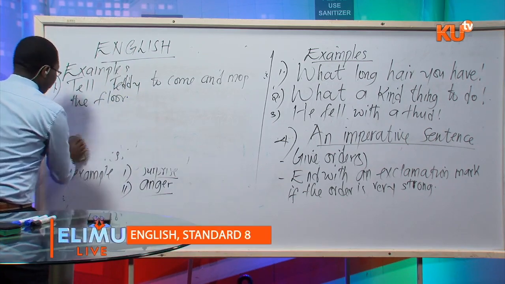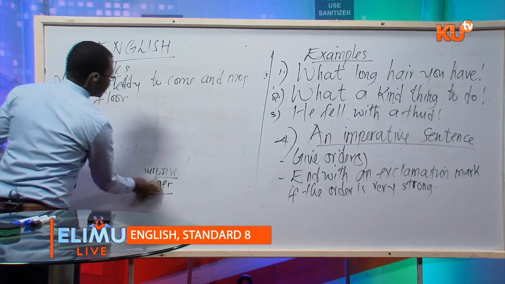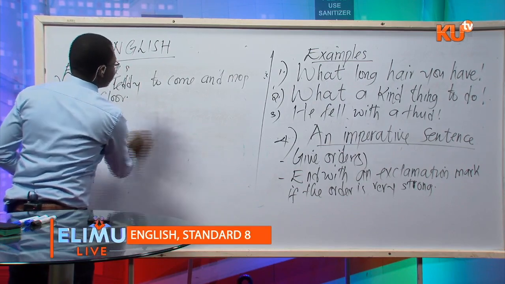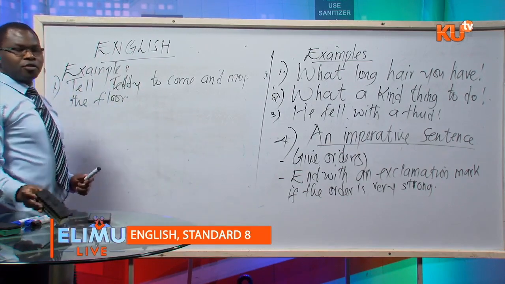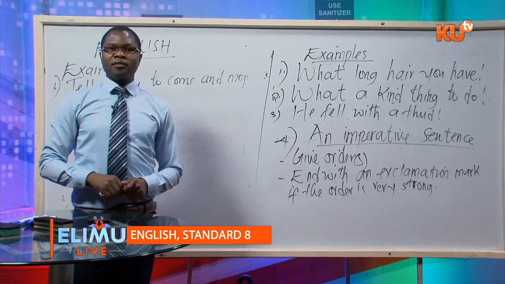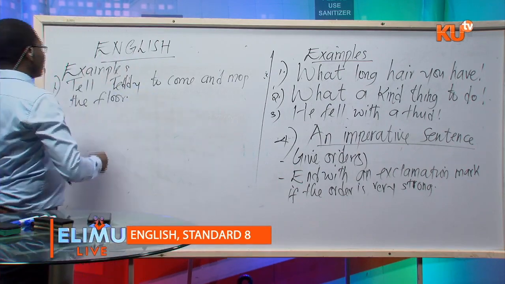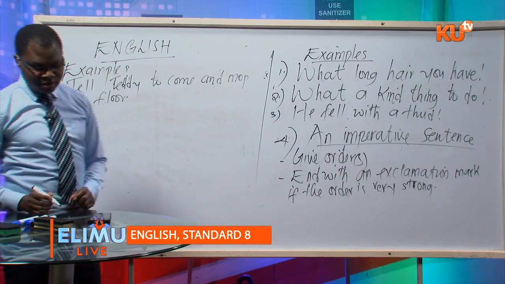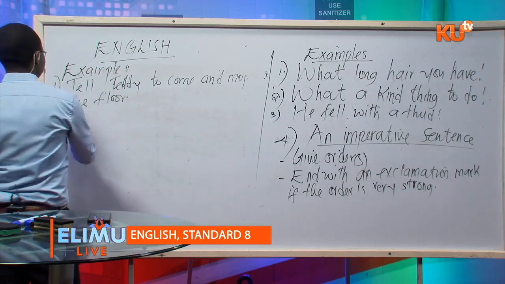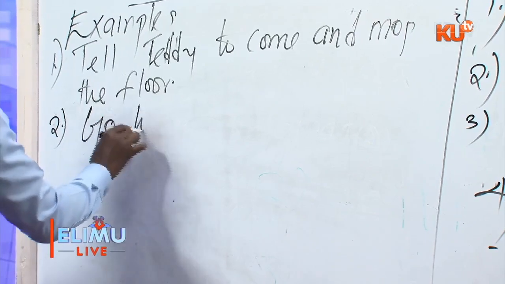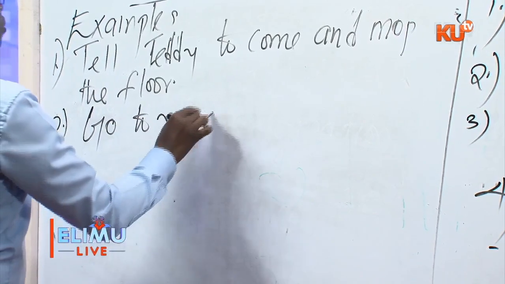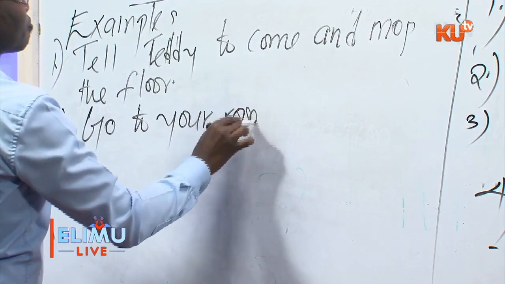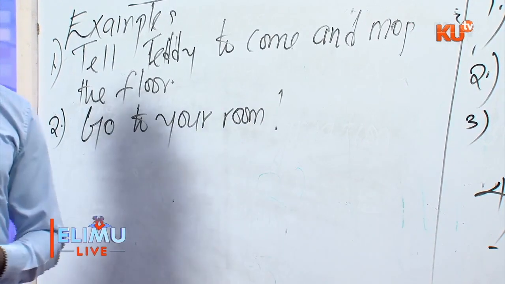Unlike this first example given of an imperative sentence where an order is given and it looks light, you don't use an exclamation mark. But the second one is a strong statement. Go to your room. It ends with an exclamation mark.